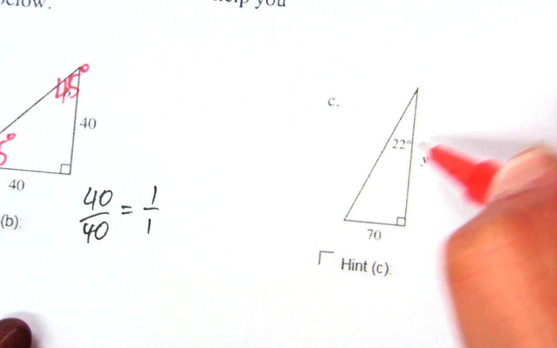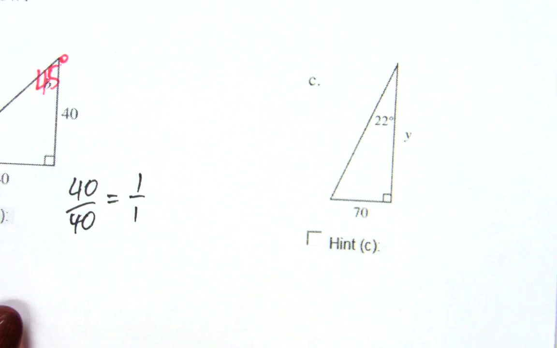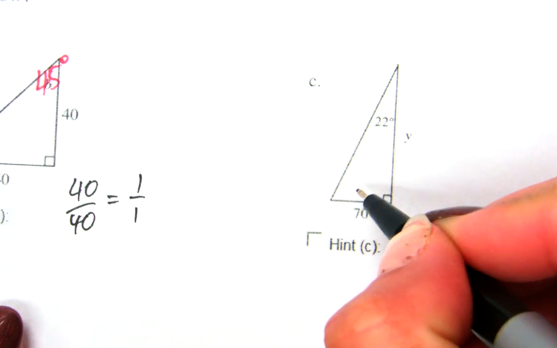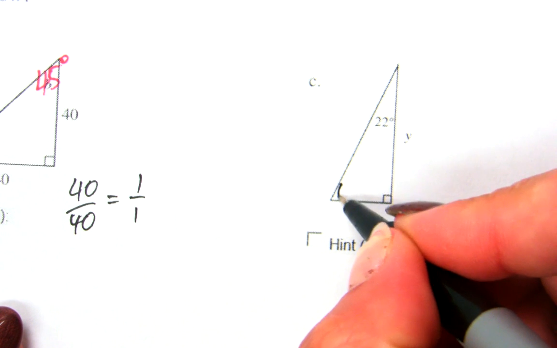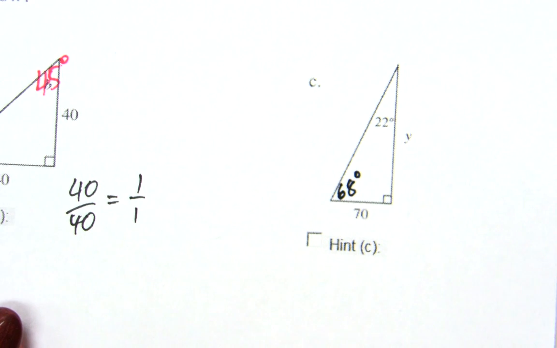Now, the last one, 22 degrees is up here, which makes this down here, what is this, 68 degrees, right? 90 minus 22, 68, yep, I'm right.